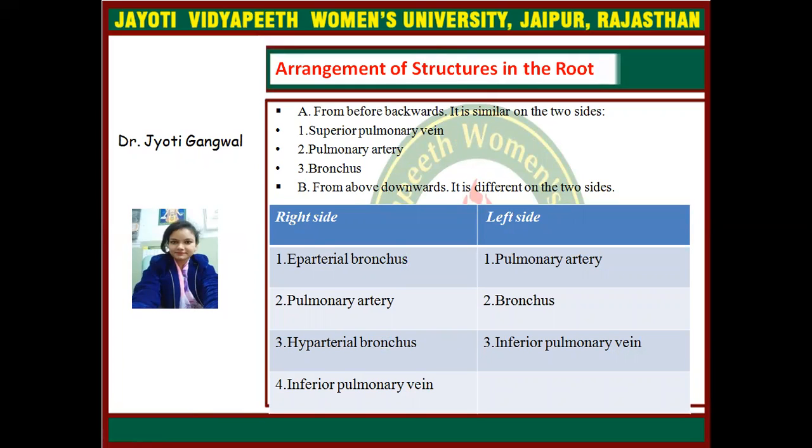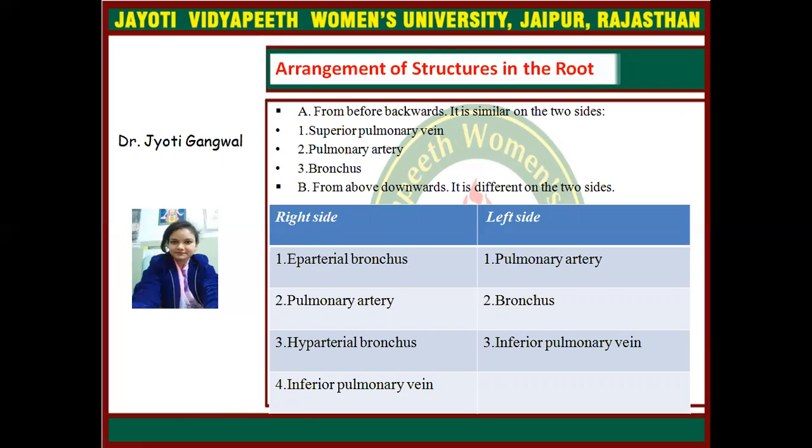Now the arrangement of the structures in the root. From before backward, it is similar on the two sides: superior pulmonary vein, pulmonary artery, bronchus. From above downward, it is different on both sides.